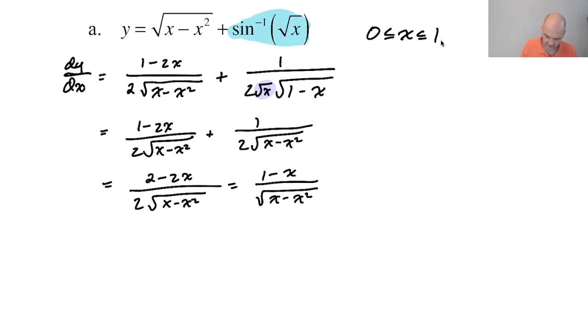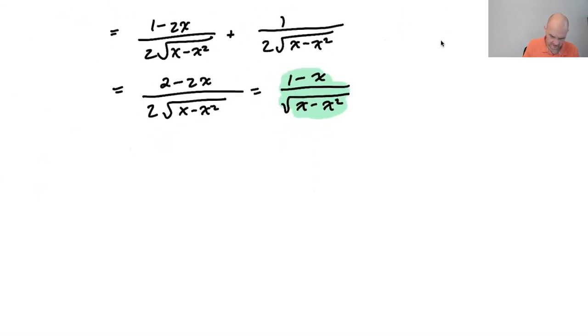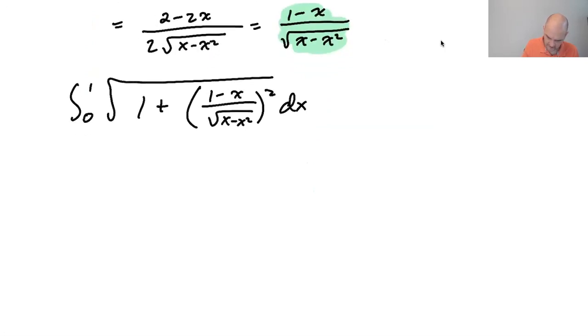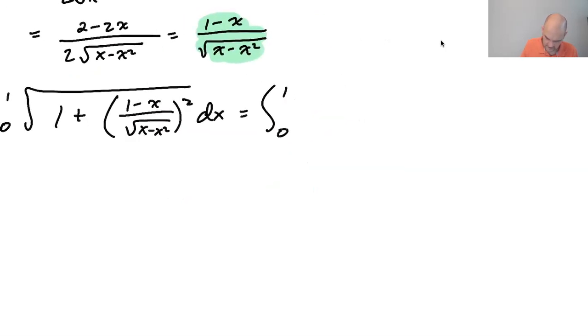So I'm going to highlight something here. This is dy/dx. All right, so we're going the integral from 0 to 1 of the square root of 1 plus this dy/dx squared. So (1 minus x) squared over (x minus x squared) dx. Okay, so that's the integral from 0 to 1 of what?